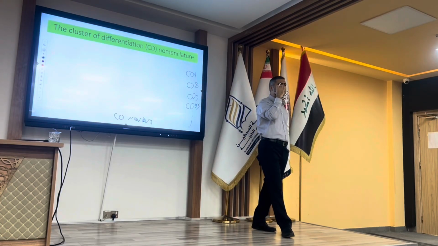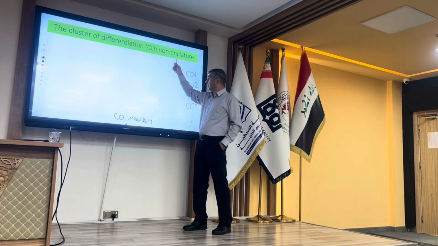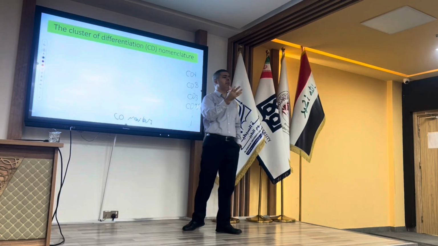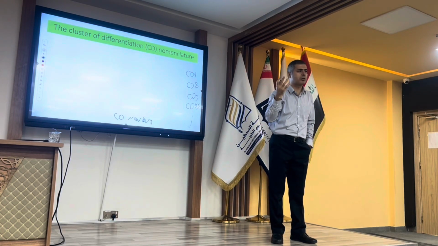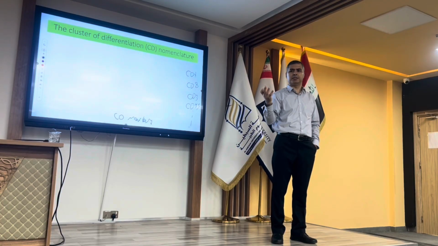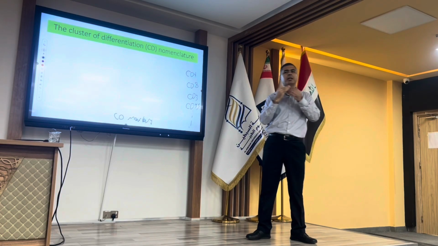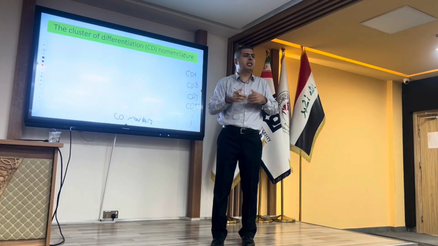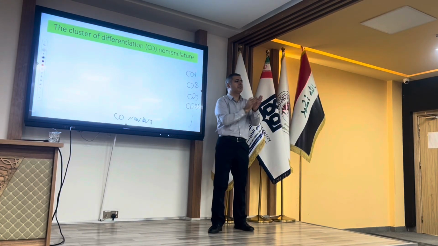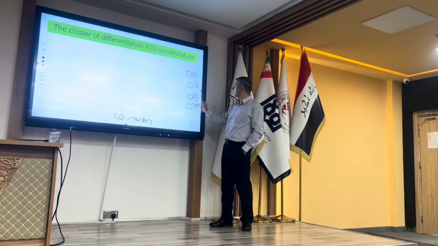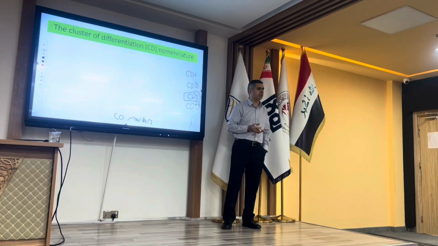CD markers, or cluster of differentiation, is a nomenclature or naming system used to name different proteins or different macromolecules, not only proteins, also glycoproteins and carbohydrates, that are expressed on the cells. We use this naming system to differentiate between cells. For example, any cell that has CD3 is indeed a lymphocyte.